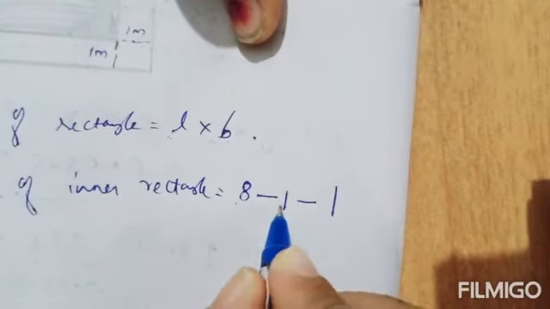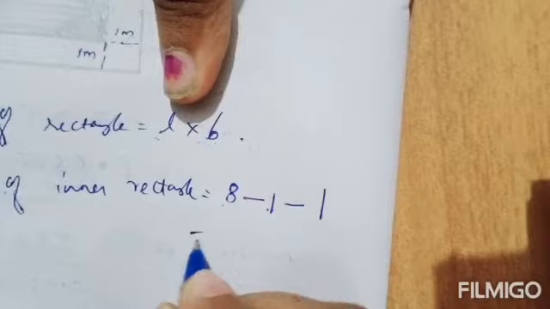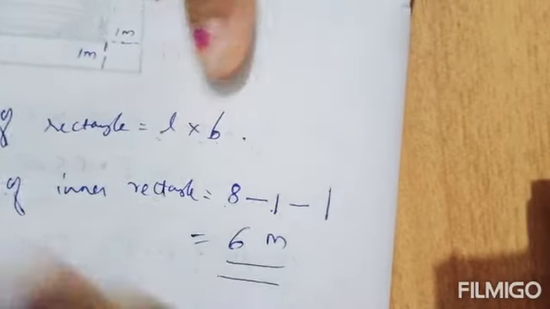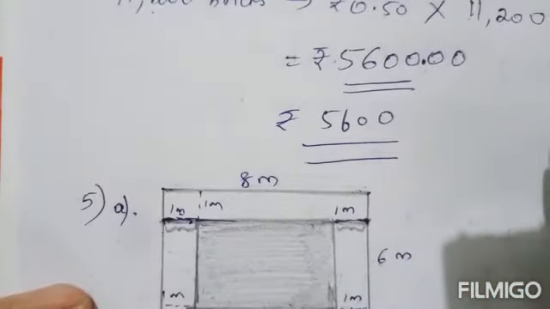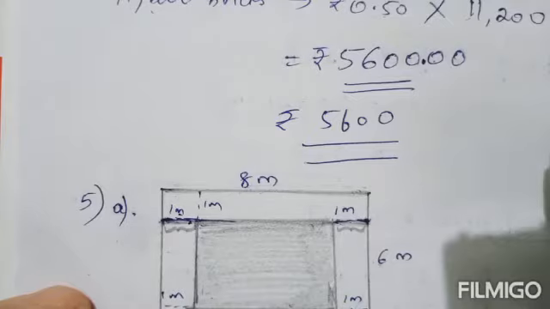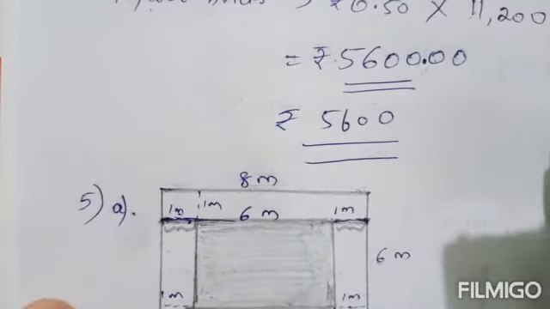So 8 minus 1 is 7, 7 minus 1 is 6 meter. So the length of the inner rectangle is 6 meter.